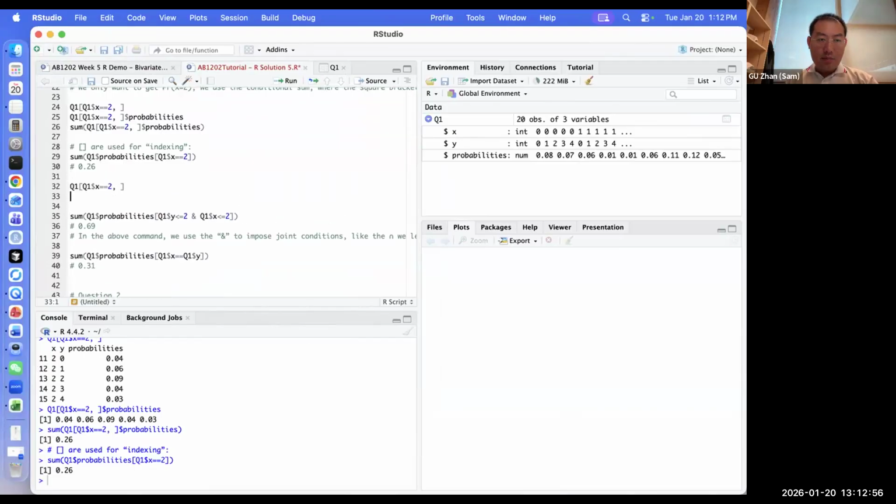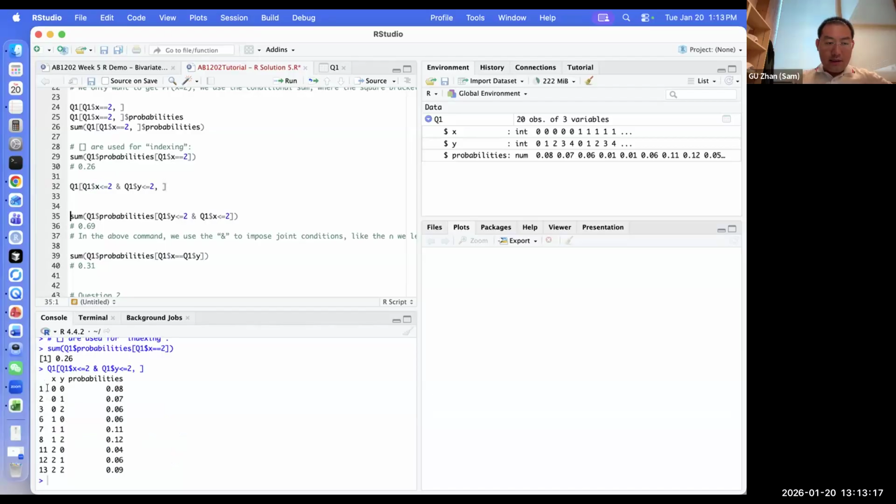The probability x less or equal to 2, and y is also less or equal to 2. Then we add a comma there, and everything is shown.